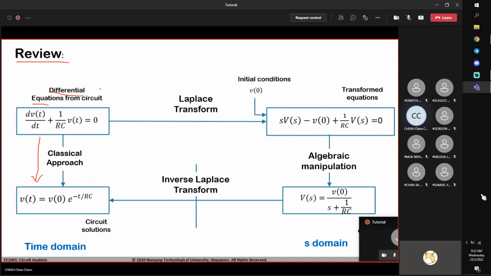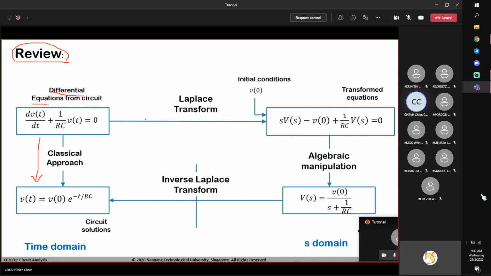The idea that we have learned last week is that you first write down the circuit's law in the form of differential equations, and then you transform it into Laplace domain by using the differentiation property, because dv/dt in time domain is equal to sV(s) minus the initial condition in Laplace domain. Take note that the differentiation disappears, replaced by sV(s).